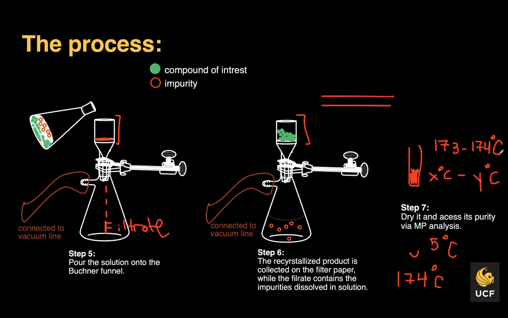And typically a single solvent might not do, where you'd need to use two different solvent systems. But it is typically a simple and effective technique for purifying organic solids.